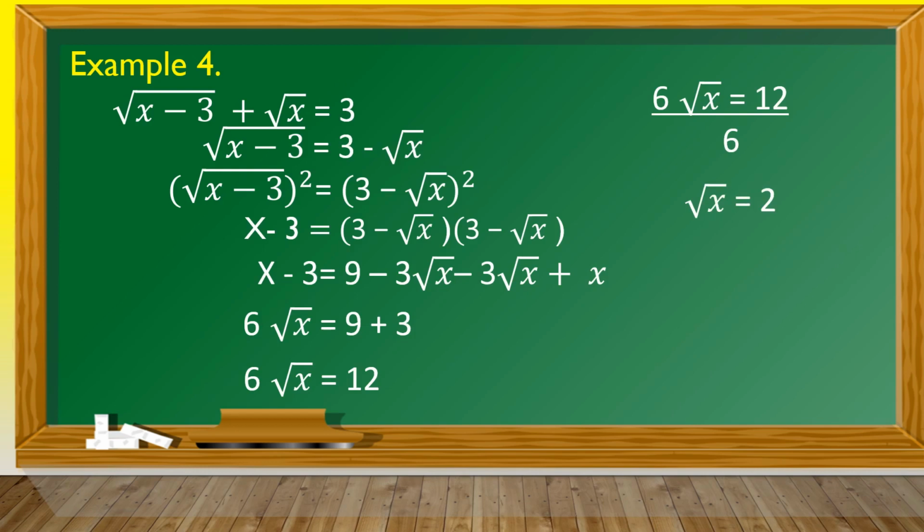The resulting equation is square root of x equals 2. Since there is still a radical term, then we will square both sides again to eliminate the radical sign. So it will be the square of the square root of x equals 2 squared. And simplify or solve for x, it will become x equals 4.